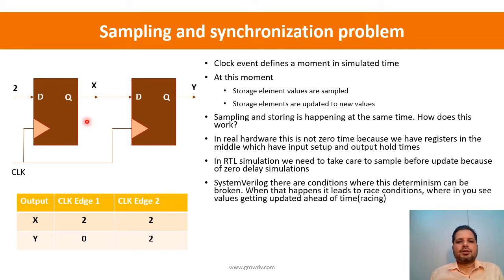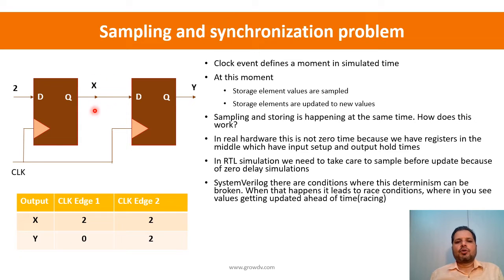How this particular design is expected to function, I put on a table over here. I am describing the outputs for these signals in the first column, and the second column is on clock edge 1, what am I expecting on these outputs, and on clock edge 2 what I'm expecting, right? As soon as we come out of reset, of course both the outputs would be 0, and on clock edge 1, that is post reset I'm talking about, the value 2 would come out on this output X, right?